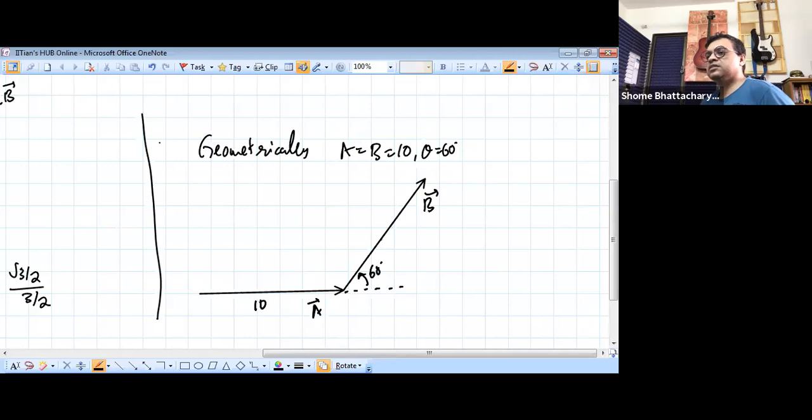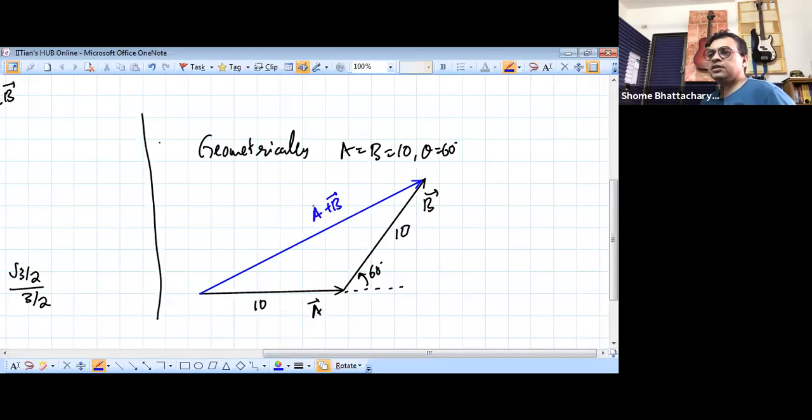This is 10 and this is 10. Now this is very simple. Yeah, we can use parallelogram law also, but we haven't studied parallelogram law yet. So I'll discuss that at a later stage.